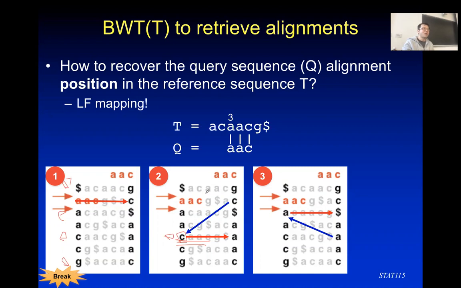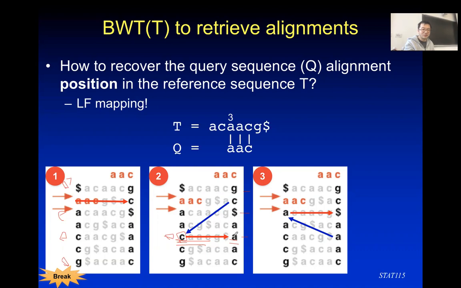And there is one more trick in practice that I did not mention in detail: how do we know this A is the second A in the last column, since the last column is not ordered? So people will also sample, for example every 128 base pairs, how many A's there are before that position.